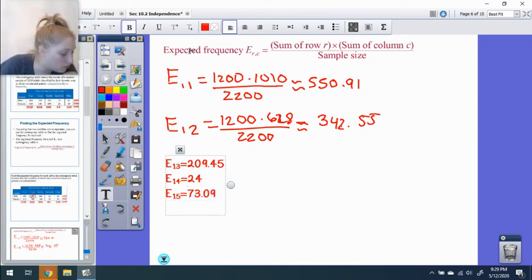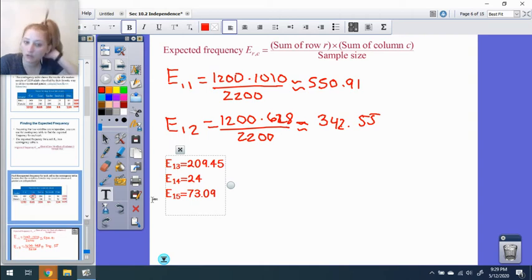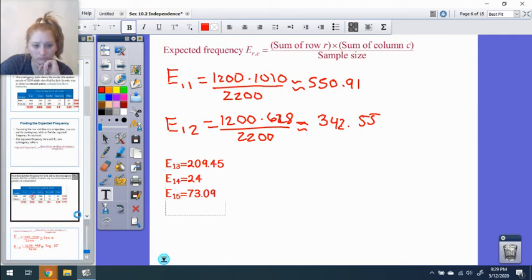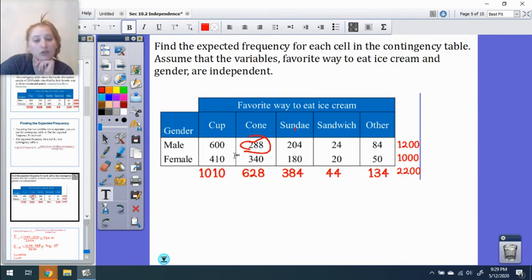Now I need to do the second row. For instance, for the females that like ice cream in cups, we're talking about this 410 value, so we're going to do 1000 times 1010 divided by 2200.